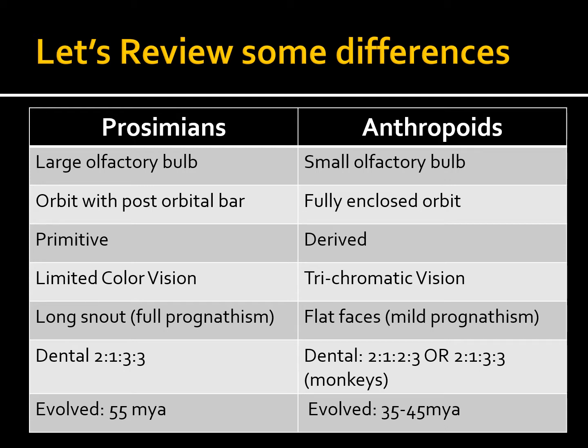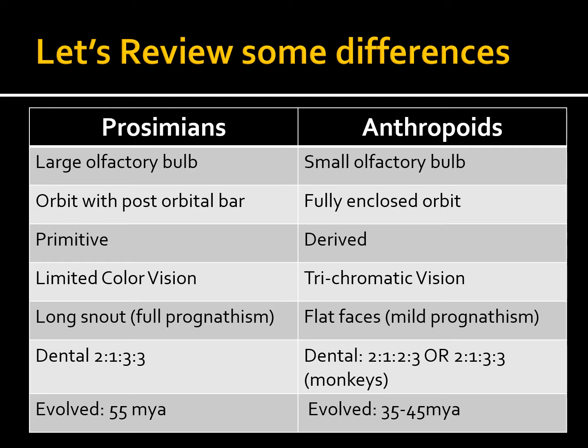To look at some of the differences between these two groups, in your prosimians you have a larger olfactory bulb because they are more reliant on smell. In anthropoids, or haplorhines, you have a small olfactory bulb. With prosimians, you have an orbit with a post-orbital bar closure, so the back of the eye socket is actually open. The traits within prosimians are far more primitive, which makes sense because they evolved first.